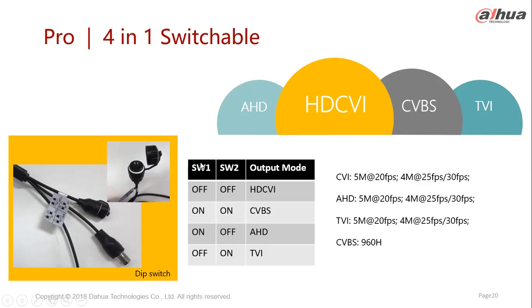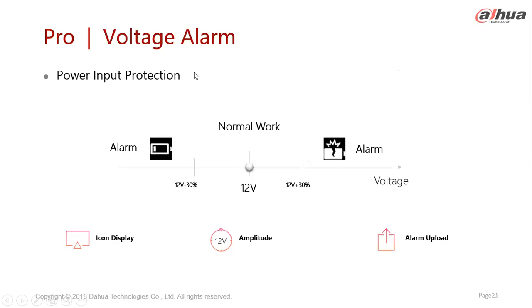That is the switchable output. Then voltage alarm. These are basic information required from the camera. You can even check whether the camera is receiving high power, which may result in damage to the camera.